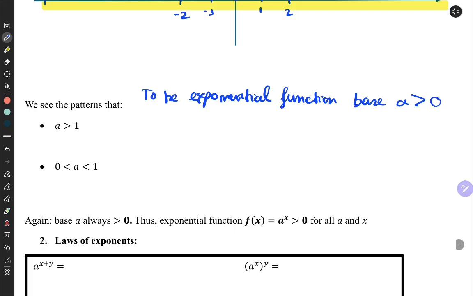Greater than 0, not equal to 0. You don't have this. That's just 0. So that's why the base has to be positive.